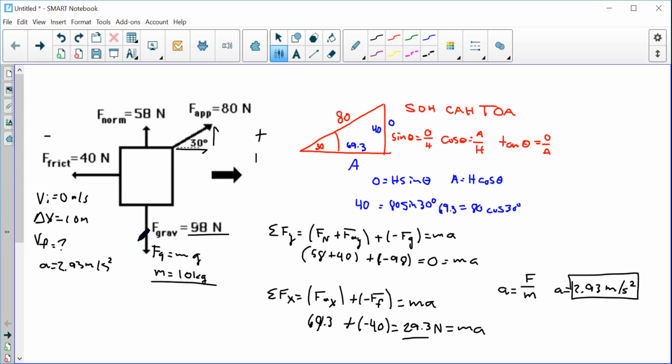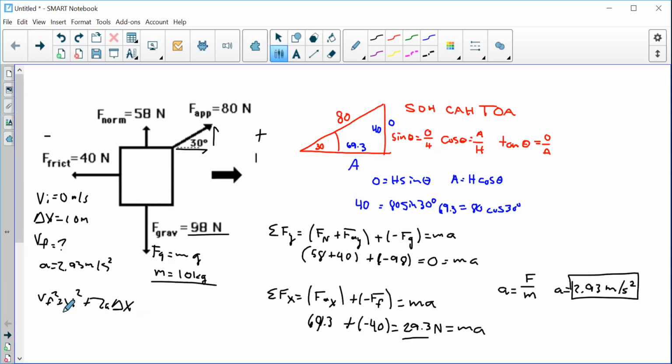This would be the second portion of a problem like this. You might do one A through E to get this answer, and then F is going to ask you what's the final velocity. So in this case, you'd use the final velocity equation that doesn't use time. Say final velocity squared equals initial velocity squared plus 2a delta x. You'd solve for final velocity.